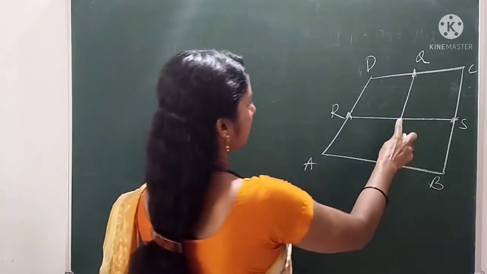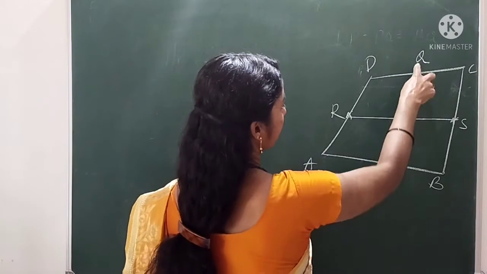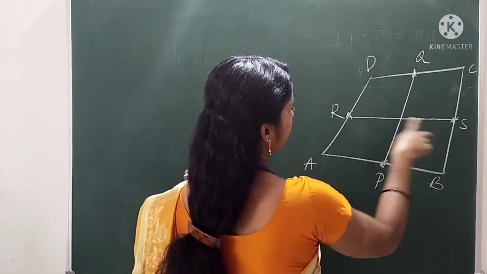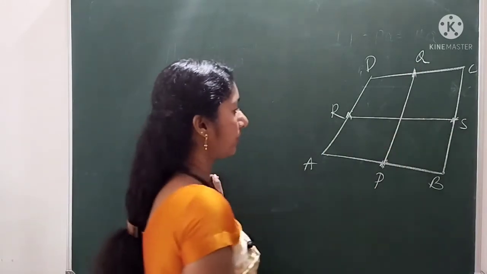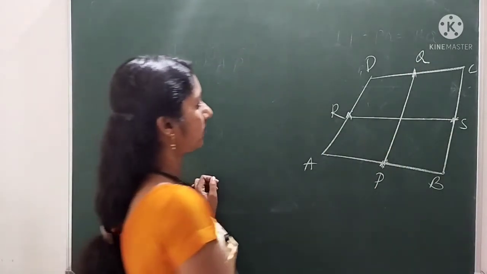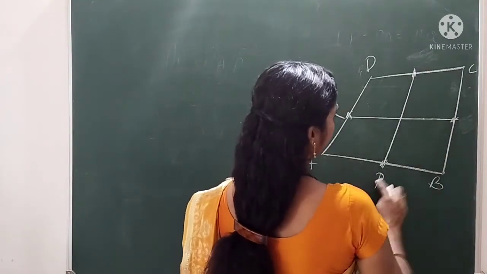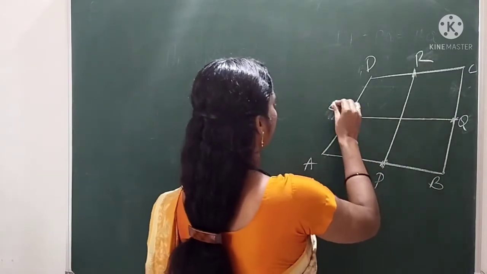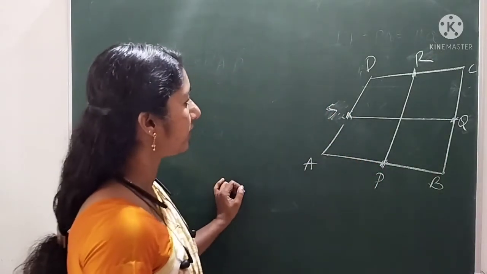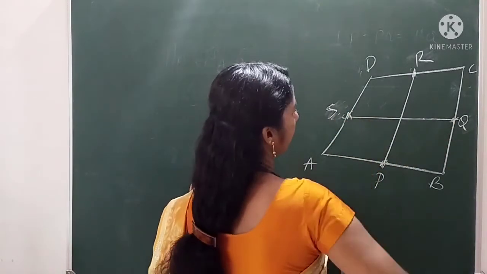We need to prove that they bisect each other. That means PQ is bisected by the line segment RS and RS is bisected by the line segment PQ. Okay. So just interchanging Q and R, in the name PQRS, we need to prove PR is bisected by SQ and SQ is bisected by PR.